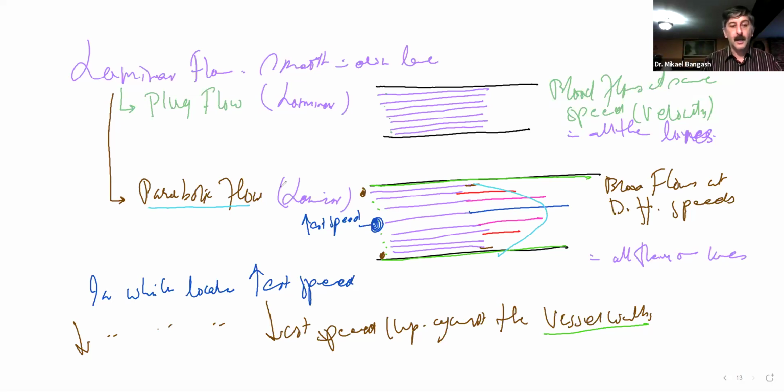Now, guys, when we talk of laminar flow, which is normally found in the blood vessels, the type of laminar flow that we will most likely see in blood vessels, irrespective of whether it's arteries or veins, is going to be the parabolic flow.